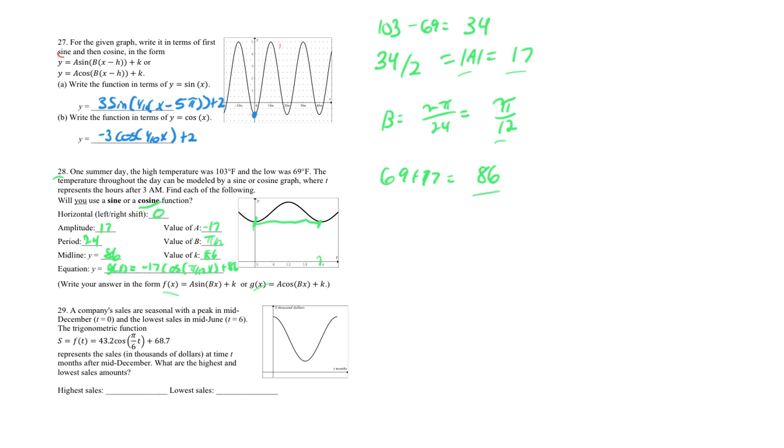You will have a horizontal shift of 6 hours, so we'd represent that by a shift, and the equation will be positive 17 sine of pi over 12 times x minus 6, plus 86.